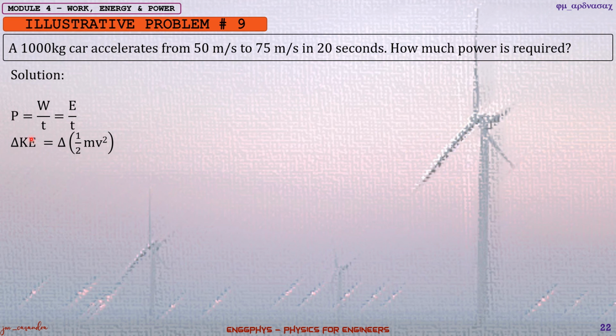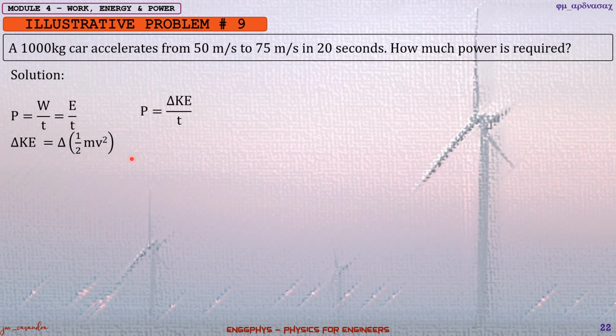For this, we'll use the change in kinetic energy as there is a given acceleration. So we'll have delta 1/2 mv squared. This change in kinetic energy is the value that we are going to use in our equation of power.